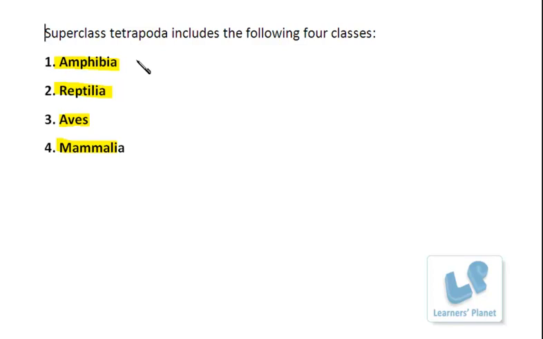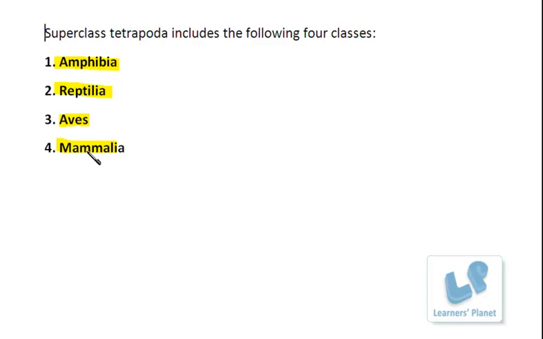Then there is Reptilia, and the name has been derived from the word repere, which means to creep or to crawl. So those organisms which are crawling on the land come under this group, Reptilia. Aves is derived from the word aves, which means birds. So it includes all the birds in our surroundings.